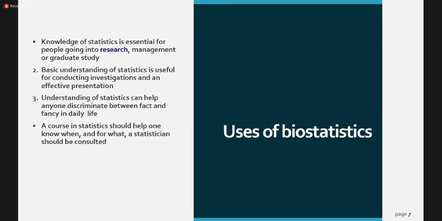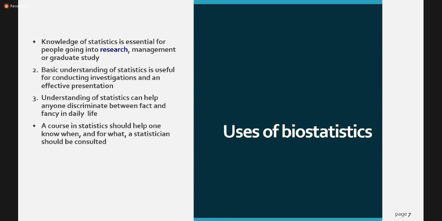However, one thing should be noted here. I forgot the name of the person who said this quote, that there are lies, damn lies, and statistics. So if statistics is in the wrong hand, if the biostatistician is not trained and not fair, that biostatistician makes more blunders, more mistakes, and can totally bias the results of any research study.